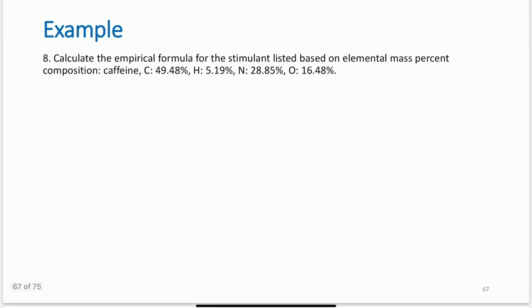Calculate the empirical formula, so we're going to do empirical formula now, for the stimulant listed based on elemental mass percent composition: caffeine. We have percentages here, so we're going to assume a 100 gram sample.